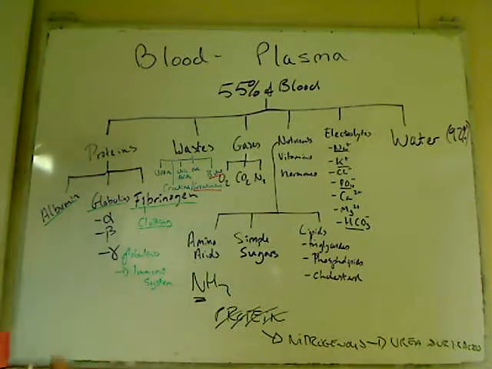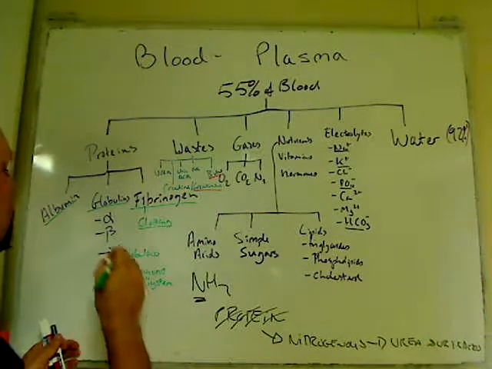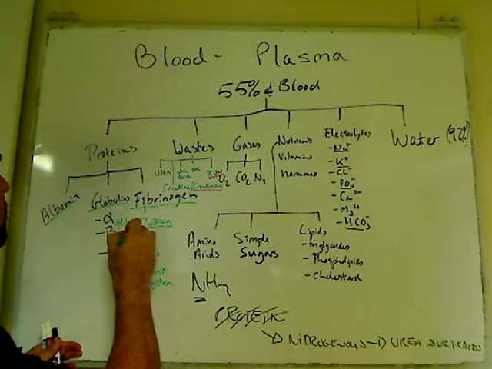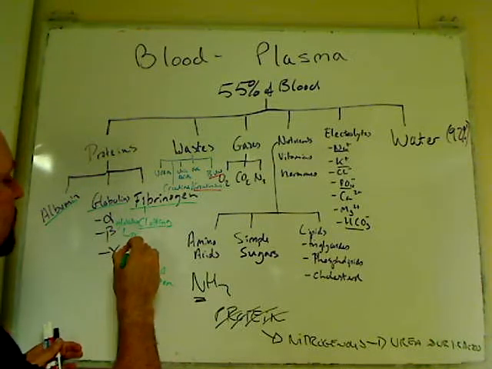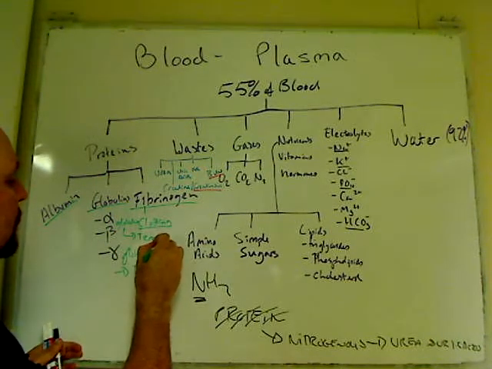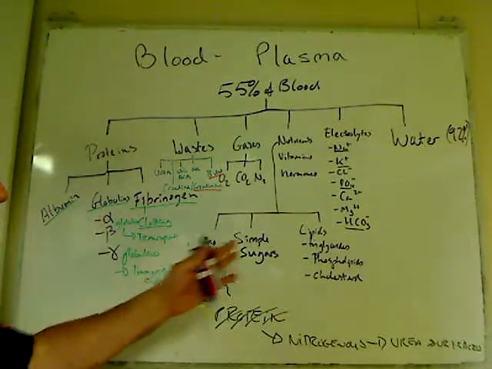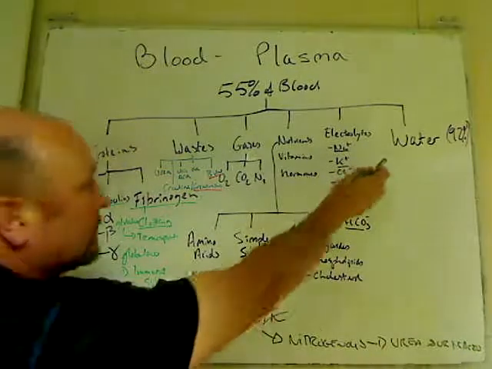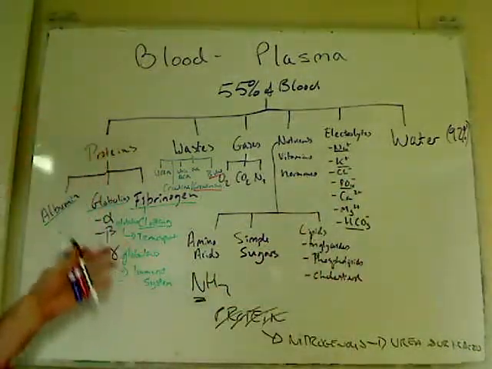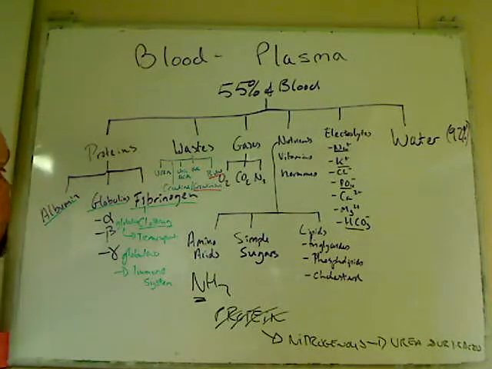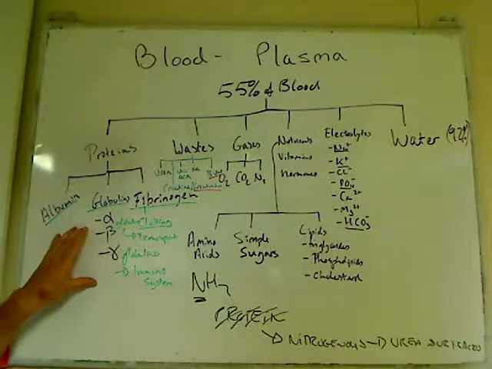And again, we'll look at them briefly when we look at the immune system. Alpha and beta globulins tend to be more to do with transport of substances like fats, which will not dissolve in the 92% of water that we've got. So they bind onto the alpha or the beta globulin and it carries it in the blood to its destination, which is very, very helpful.